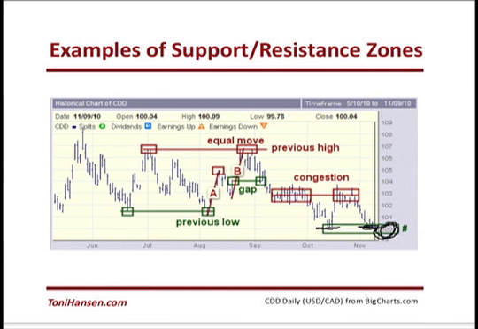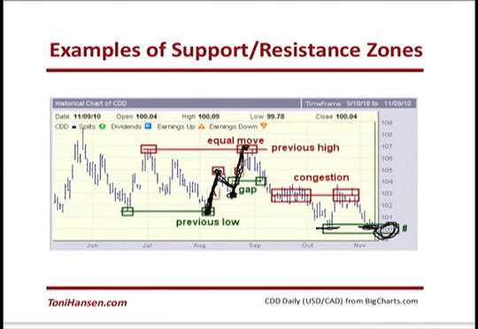So as I was saying, we're looking at equal move levels. This is something that you don't really hear a lot about. But what it is, when you have a trend or directional move in a security, and you have a congestion or a correction, and then a continuation of that move, if you take the original move, looking at this prior low here to this high here, and then you take the start of the new continuation and just add on what that original move was.